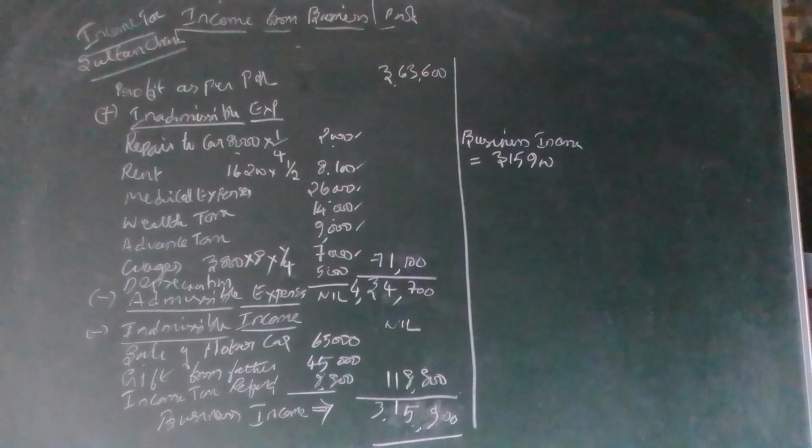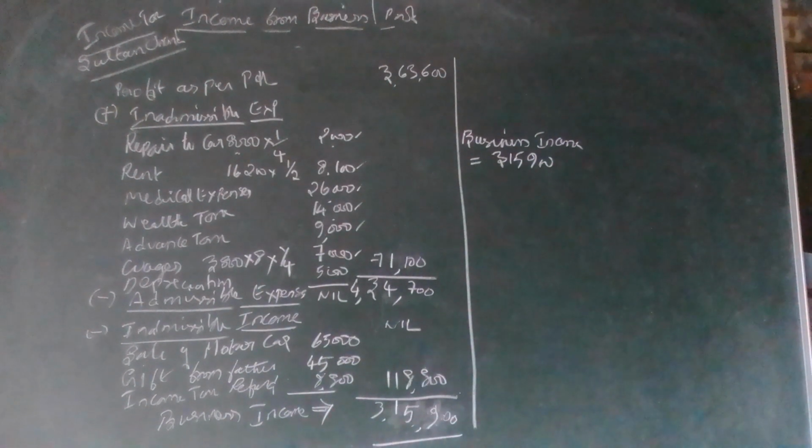Okay, so what are the adjustments given? Where the problem is like this, first you should see what adjustments are given. Based on that, you have to give treatment for the information given in the question. First one: X carries on business from a rental premises, half of which is used as residence.